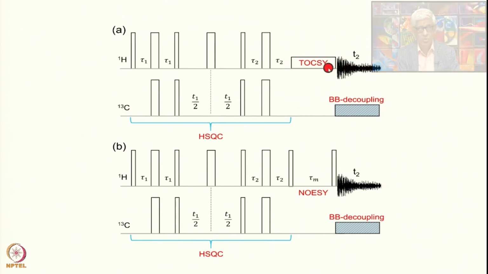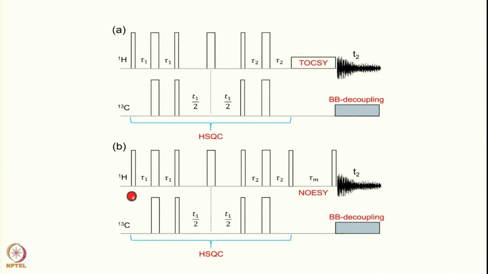What happens during the TOCSY period? The magnetization which has come back on a particular starting proton will get relayed to other protons through the TOCSY mixing. So this TOCSY mixing relays, as we discussed before, to other protons through the sequence. Therefore, at a particular carbon 13 you will see all these protons which are connected in the network.